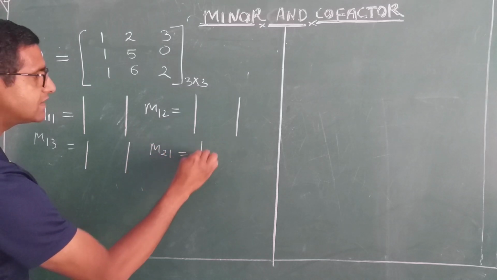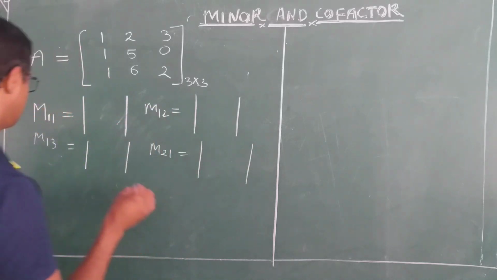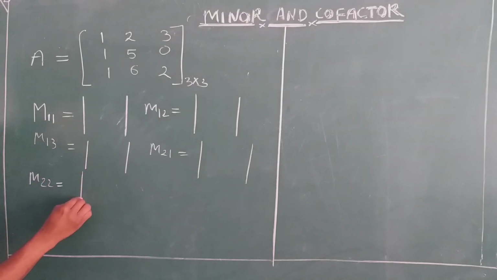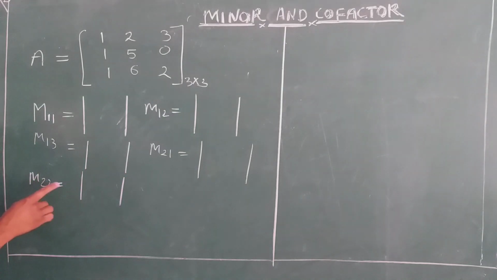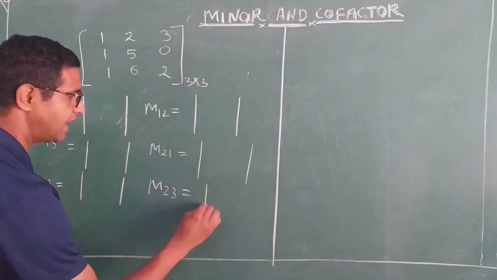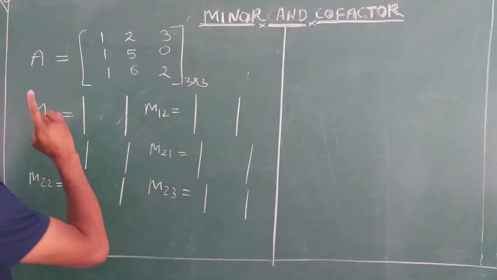M21 is the minor in respect of second row and first column. M22 is the minor in respect of second row and second column. M23 is the minor in respect of second row and third column.